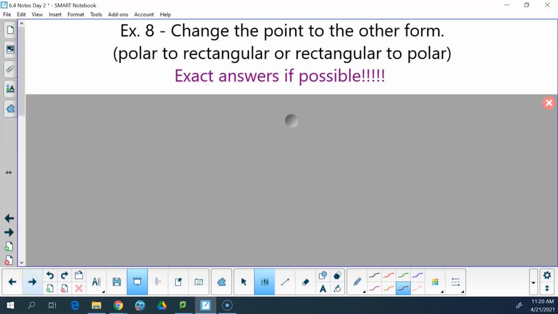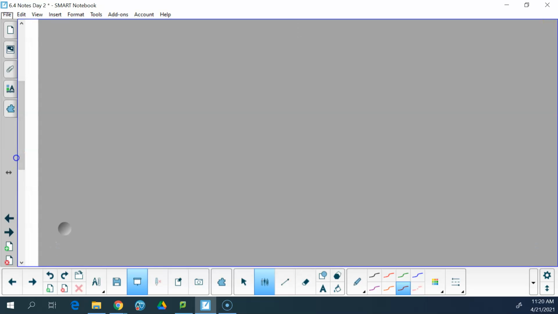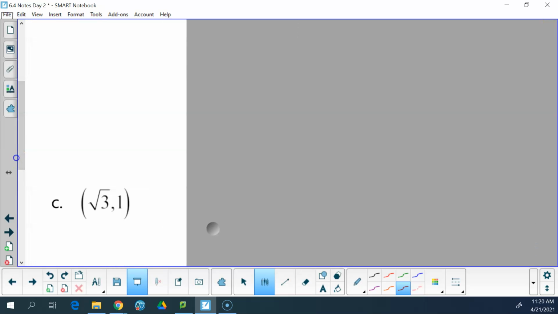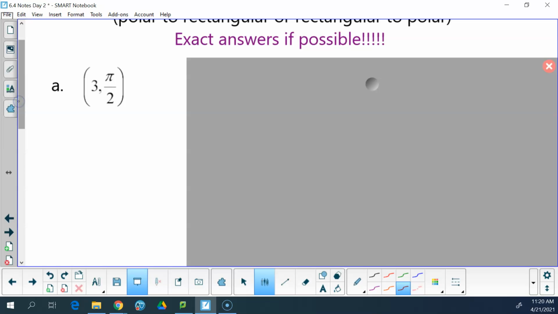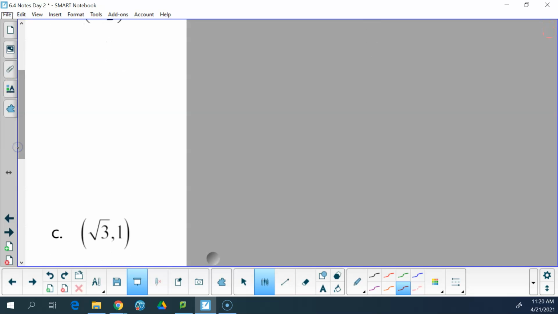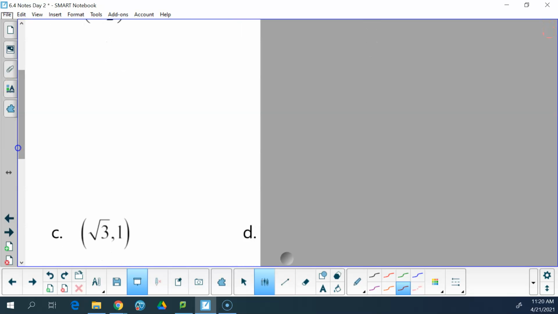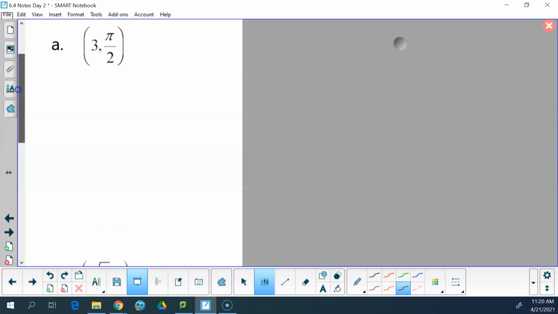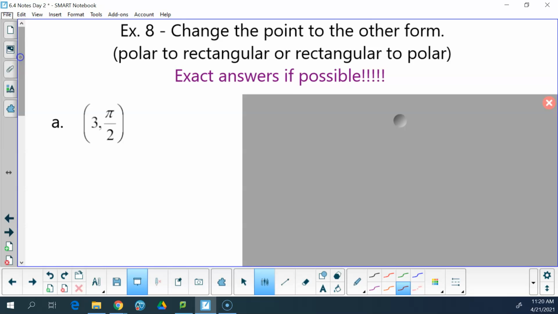So let's do a couple of these right now. Now we're in our packet. I'm actually going to do A and C first, and then I'm going to have you do B, D, E, and F. We want to change the point to the other form.